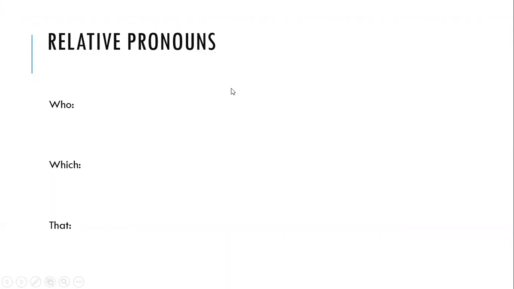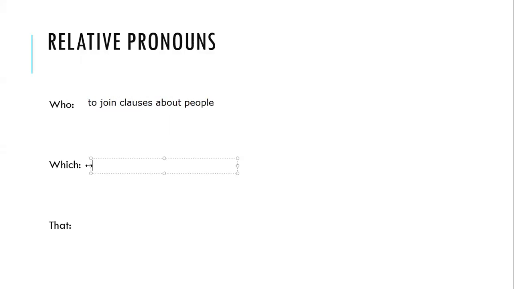First, we have to know what relative pronouns are. Basically, we have three relative pronouns: who, which, and that. We're going to use who to join clauses about people.